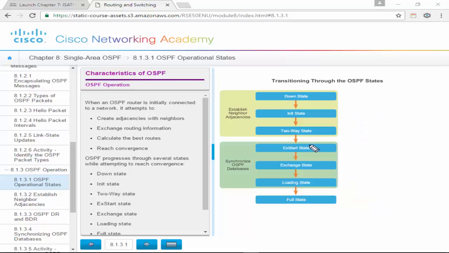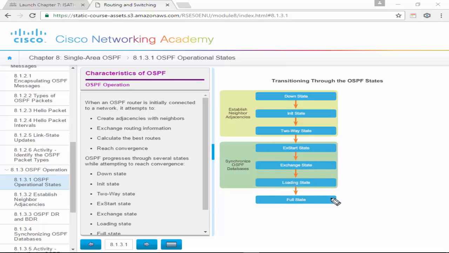So to form the adjacency, first we don't have an adjacency. Then it goes into the initiation state. Once the neighbor adjacency is formed, we're in the two-way state. From there, we start the exchange start state. So this is where they're synchronizing databases, and then they start exchanging into the exchange state.